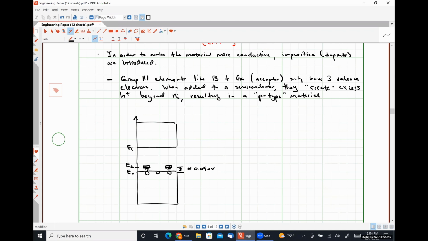This all happens on top of our intrinsic generation of electron hole pairs as well. Okay.